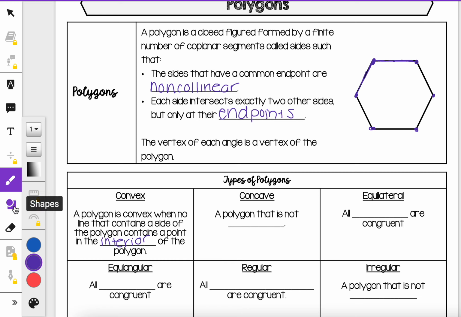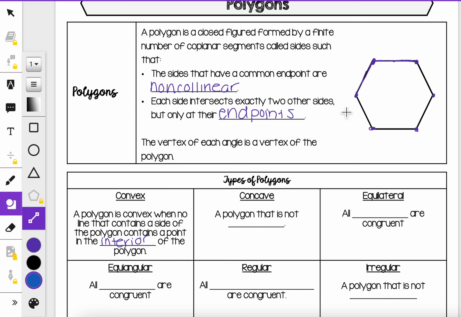And what that means is if I were to extend each of these sides here, none of these lines are ever going to intersect in the interior of the polygon. All right, they all intersect in the exterior or outside of the polygon.